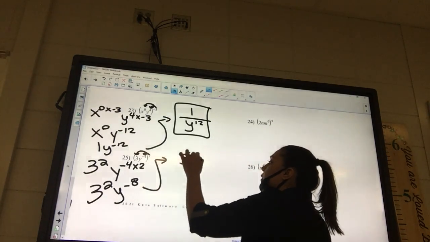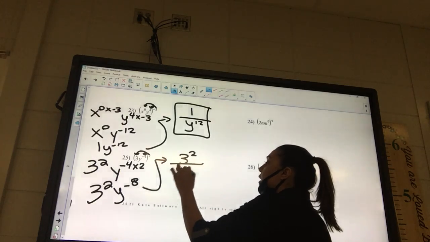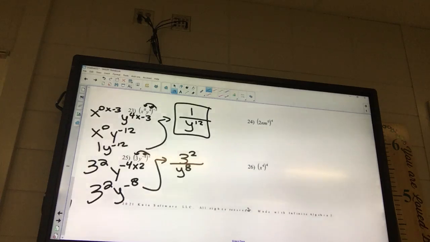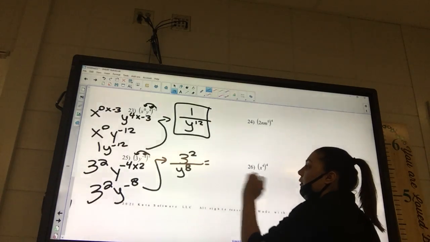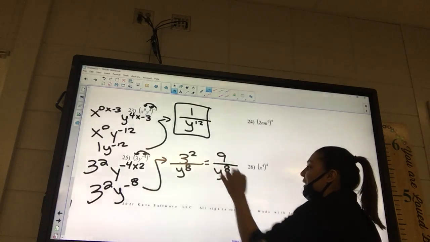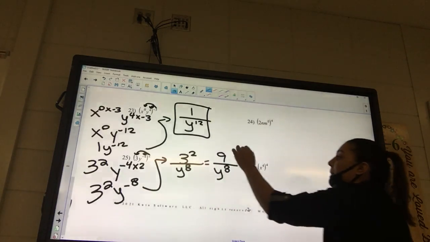The 3 squared is going to stay on top, and then the y to the 8 is going to go on bottom. What is 3 squared? 9. You guys are all over the place. Or 27, 6, 9. We said 3 squared.